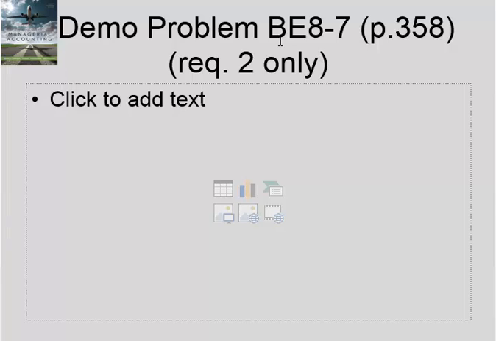And we'll take a look at this in brief exercise 8-7, page 358. We're only going to do the contribution margin format requirement, not the equation method, so requirement 2 only. Okay, so using the data from brief exercise 8-6, but add in a 40% tax rate, we need to do requirement number 2, which says use a contribution margin approach to compute the dollar sales required to earn a target before-tax profit.